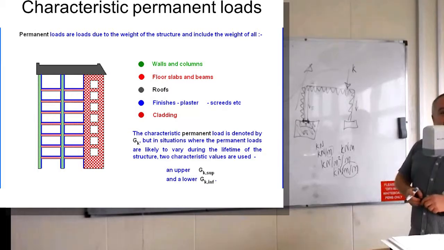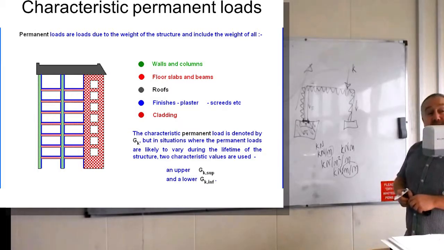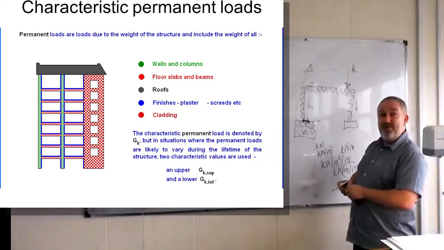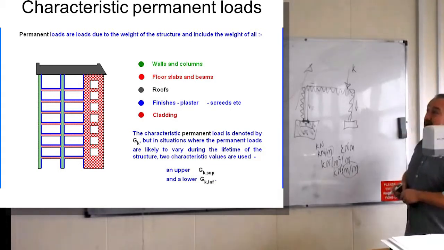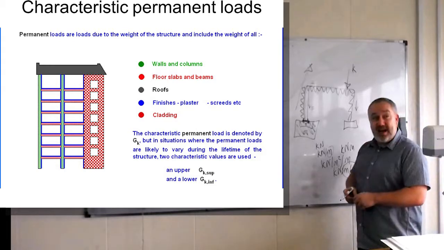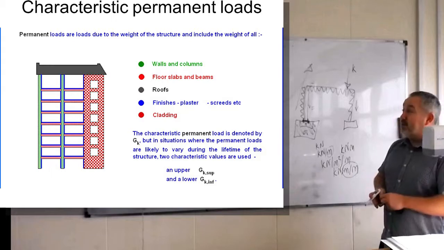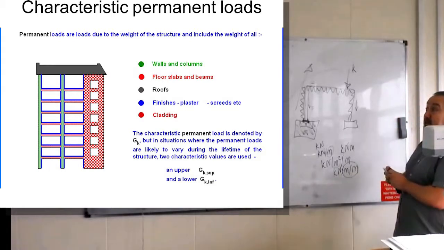Then I apply a factor of safety for being a liar, where I will multiply it by 2, and I will have a design load of 18, which is what I would use to do my design.